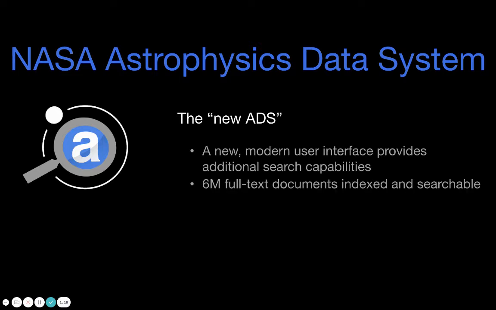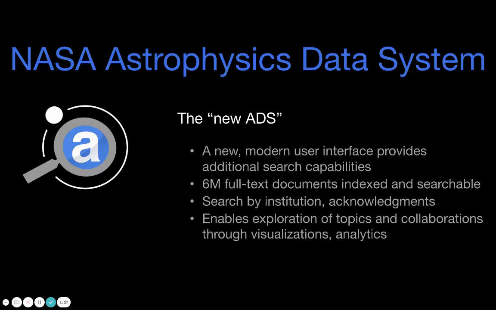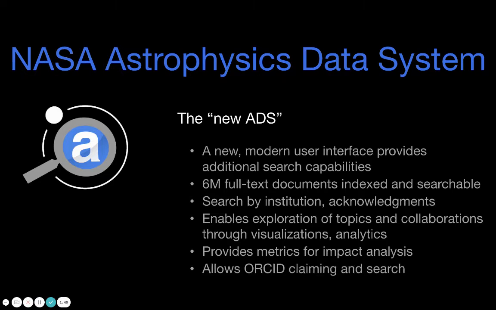We index over 6 million full-text documents, and we allow people to search by fields such as institutions and even the acknowledgement section. The interface allows exploration of topics and collaborations through a number of different visualizations and provides metrics for evaluating the impact of research. The system also integrates the ORCID claiming for author disambiguation.